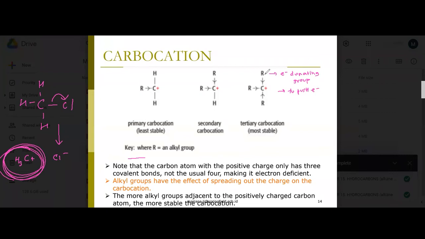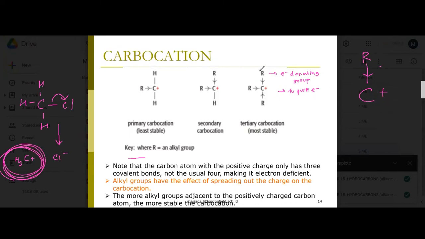In this case, because R is bonded to carbon, it will tend to push electrons to the C+. Once again, C+ means this C is deficient in electrons, right? So if there is an atom that will tend to push electrons towards it, this carbon will become more stable, right?